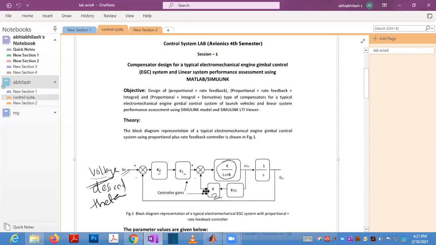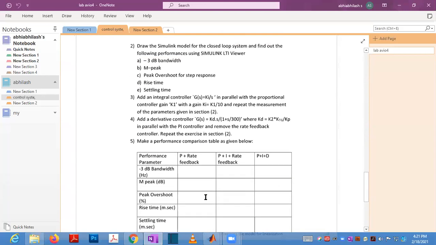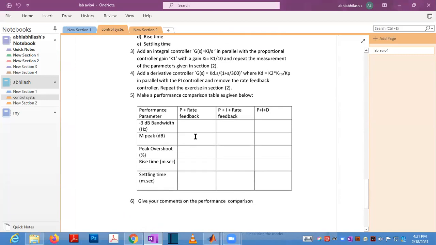And from the step response, you have to fill in the peak response, peak overshoot, rise time, and settling time. These three columns. And this is for only P plus rate feedback.